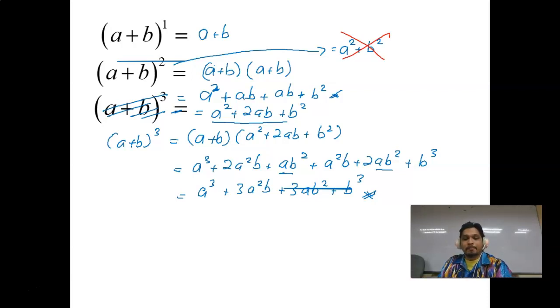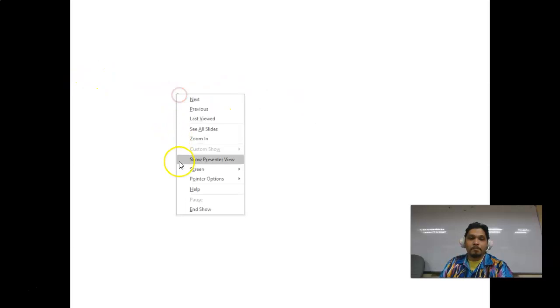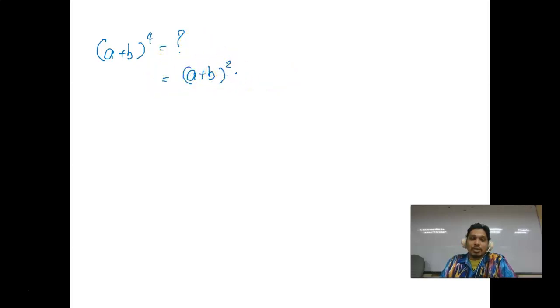So next, what about a plus b to the power of 4? Are you ready? It is a plus b squared multiplied with a plus b squared.